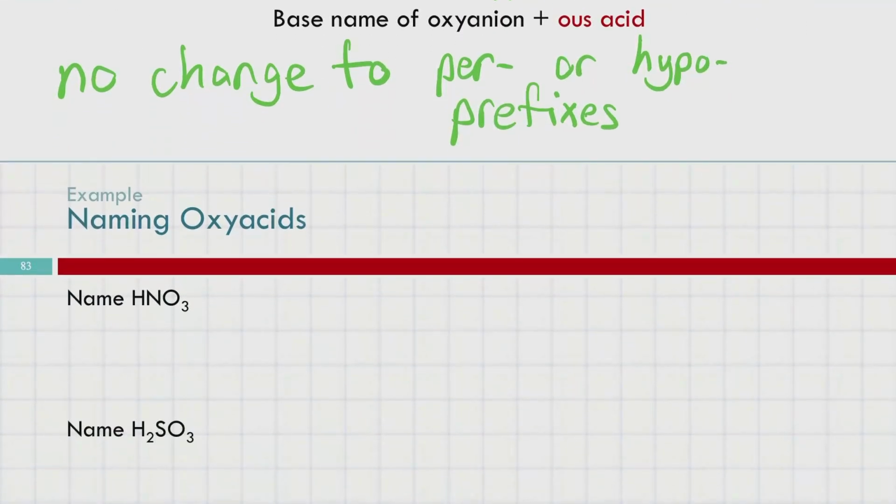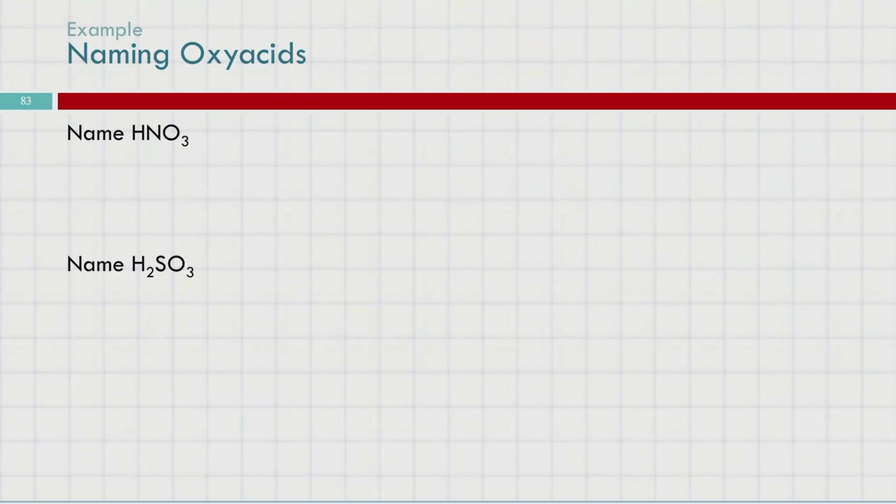So let's name some oxyacids. There's lots and lots of options. The first one, let's name HNO3. So we've got an H in front. That means it's an acid. However, we have more than 2 elements. That's a sign for this class that we've got an oxyacid. So our oxyanion is NO3. We could work out that it has a 1- charge.